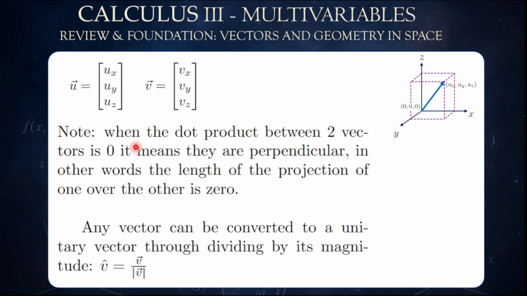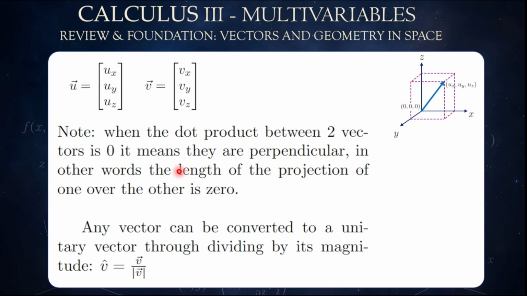Another thing to note is that when the dot product between two vectors is 0, it means that they are perpendicular or right angled to each other. In other words, the length of the projection of one over the other is 0. There's no projection. So whenever you get a dot product that is 0, it means that the two vectors are normal to each other.